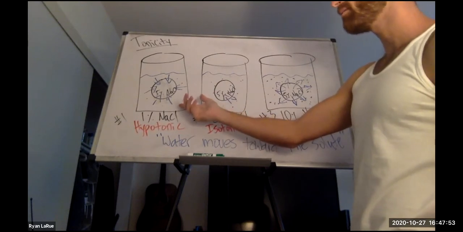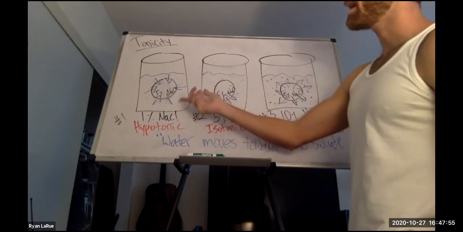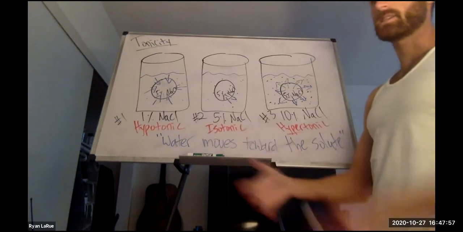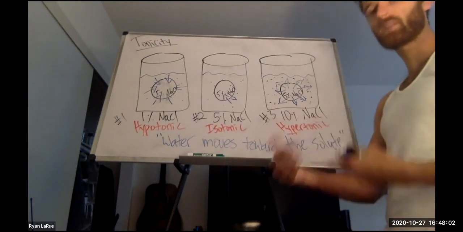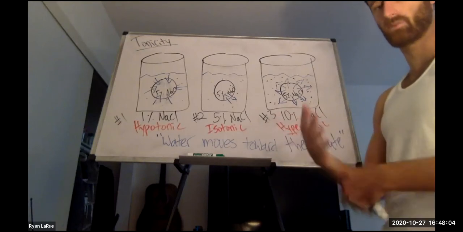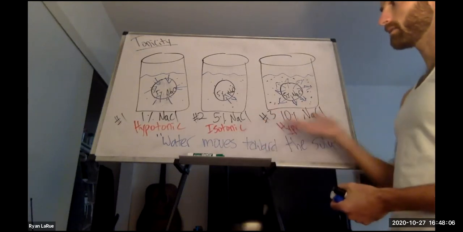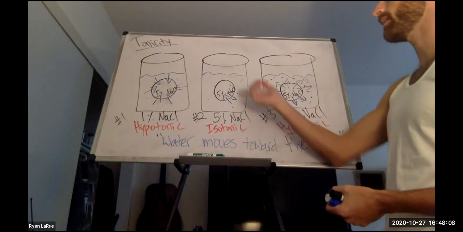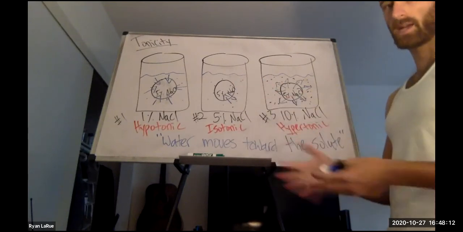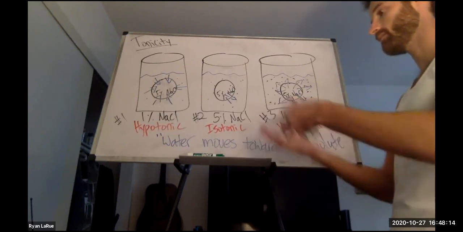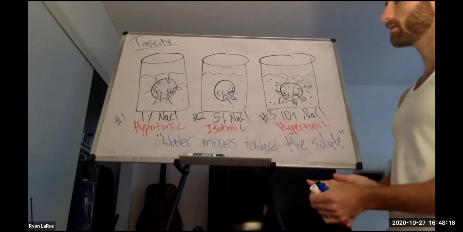We saw, though, with this 1% surrounding, that the solution outside the cell is hypotonic to inside the cell. So it can be used in either way, depending on the context of what you're asking. You can use these different words. Of course, with isotonic, no matter which one you use, since they're the same, it would be isotonic to the cell or isotonic to the surrounding solution.